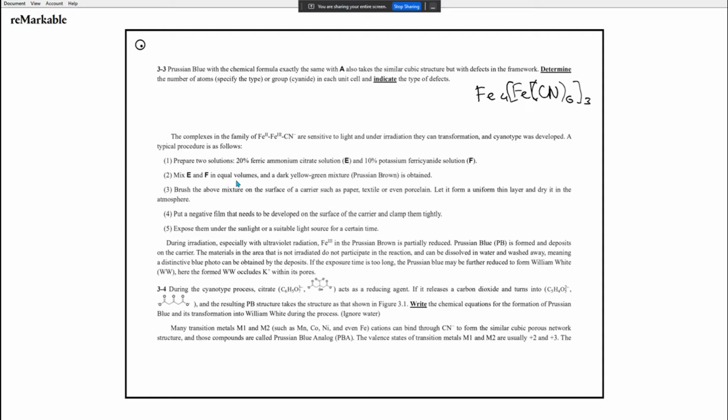And now we're comparing to the unit cell, which is ferrum CN6, 4. And you can see that the difference between them is just this subunit, ferrum CN6.